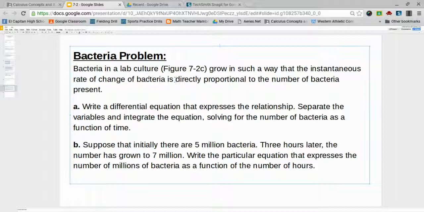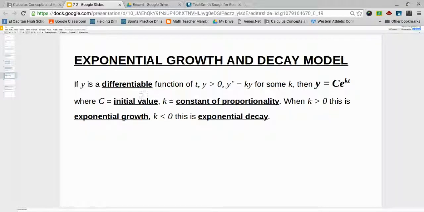And it tells me that the instantaneous rate of change of bacteria is directly proportional to the number of bacteria present. So that right there, directly proportional, if you remember from class, or if I go back to this slide right here, K is the constant of proportionality.